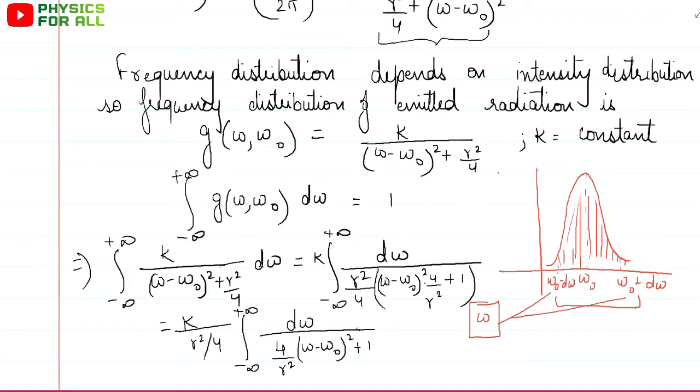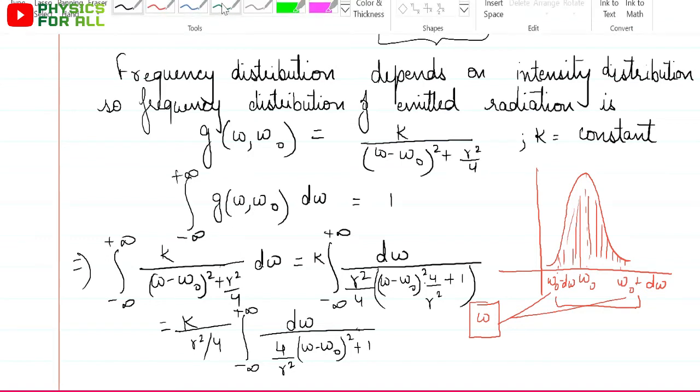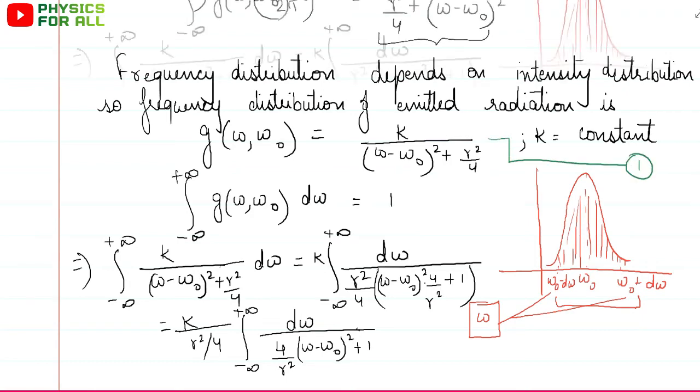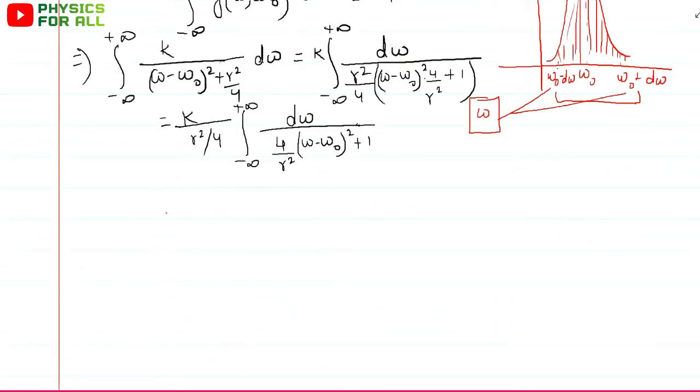Also, we have to give this equation a number. So let this equation be equation 1. We are solving and we will keep on solving. This is gamma square by 4 in the denominator. This becomes 4K by gamma square and the same quantity inside.